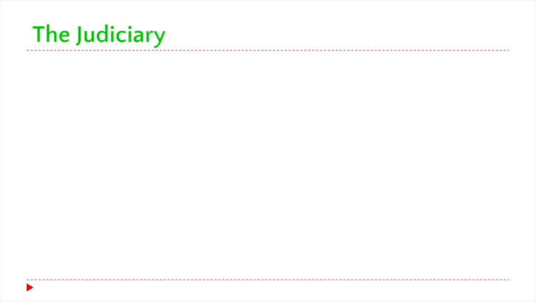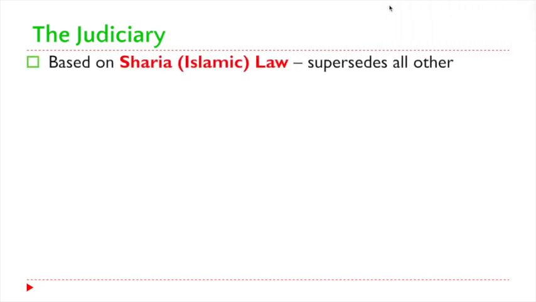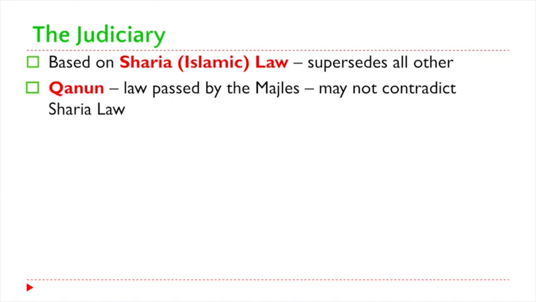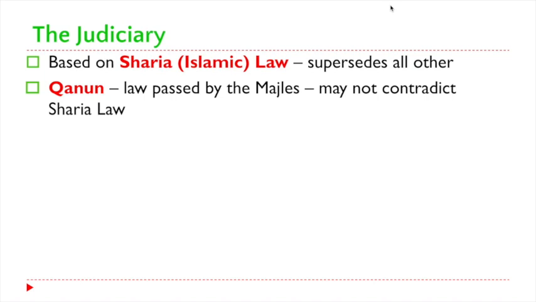Iran's judiciary, quite simply, is not very independent. It is definitely controlled by the Supreme Leader. The Supreme Leader, of course, is the ultimate interpreter of Sharia law. So here you have the judiciary. It's their job to make sure that Sharia law is above all laws passed by the Majlis.